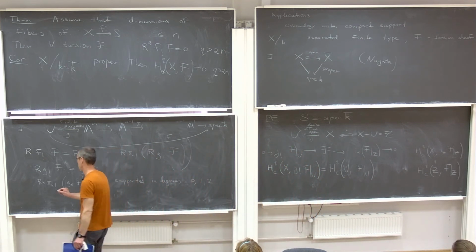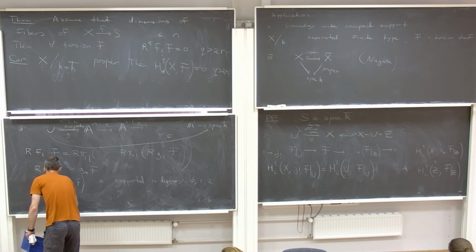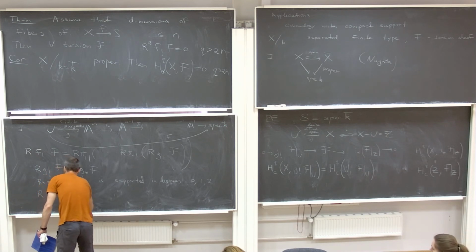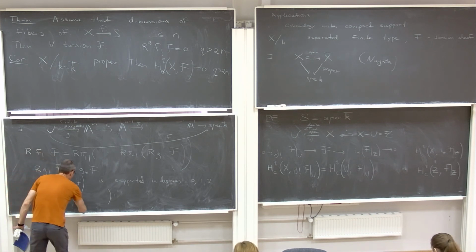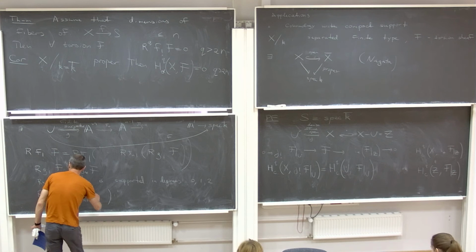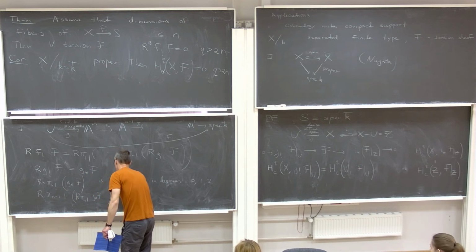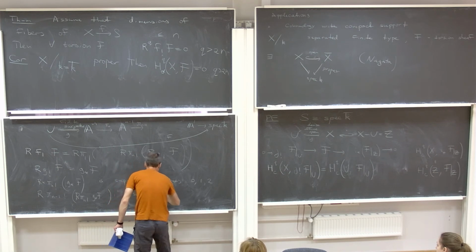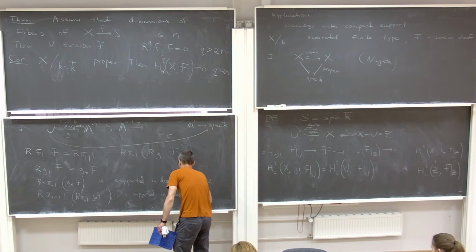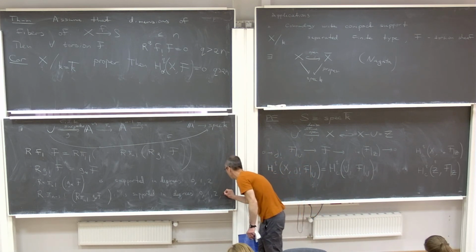Now, similarly, if you now consider this and you apply it to this complex, R pi n lower star of g lower star of F, you get that it is supported in degrees 0, 1, 2, 3, sorry, and 4.